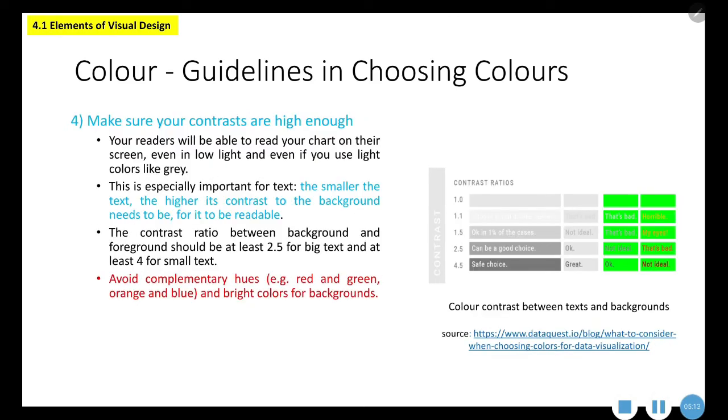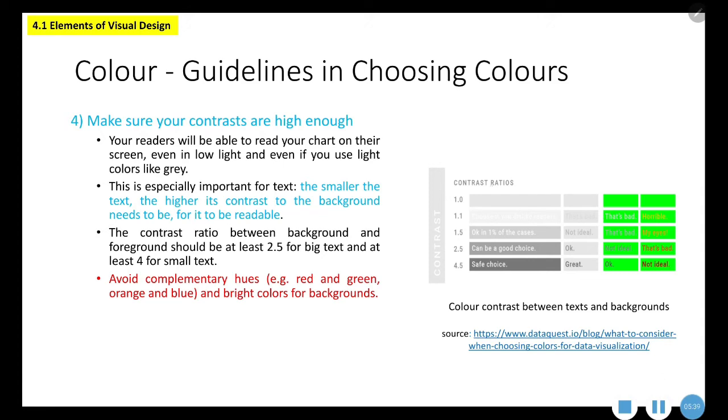The fourth one is to make sure your contrast is high enough, so your reader will be able to read your chart on their screen even in low light, or even if you use light colors like gray. This is especially important for text. The smaller the text, the higher its contrast to the background needs to be for it to be readable.